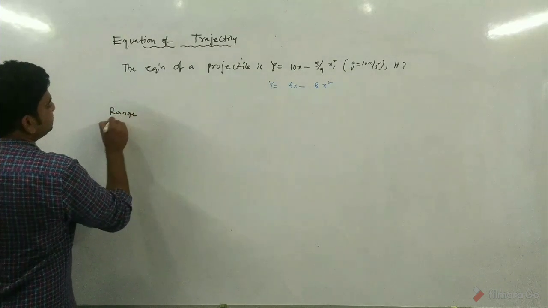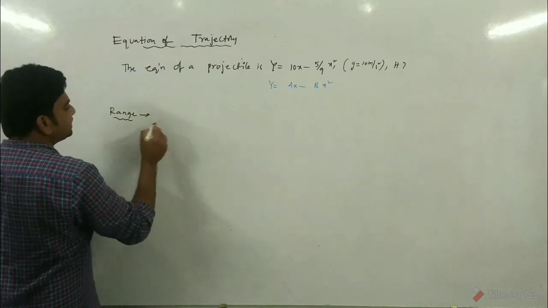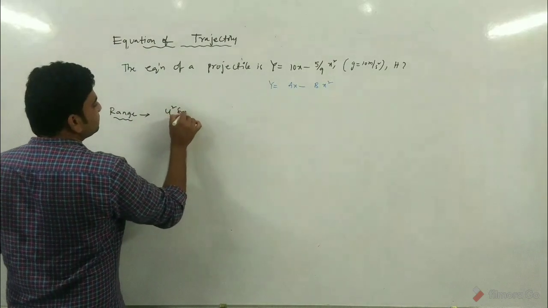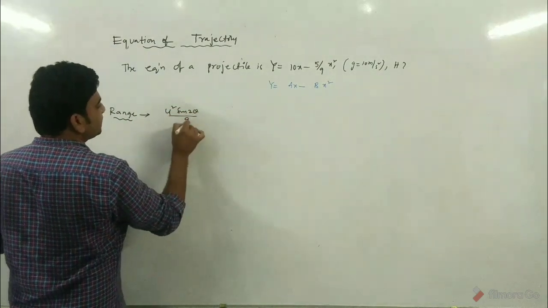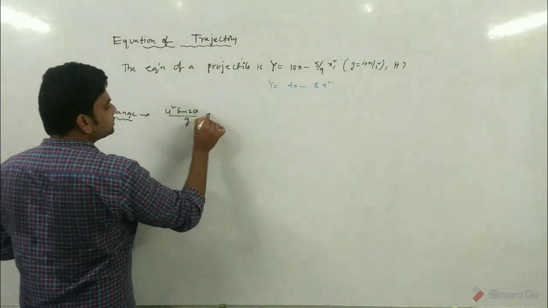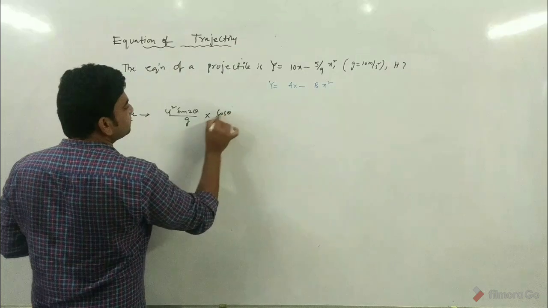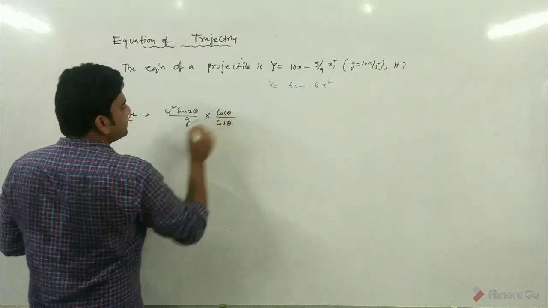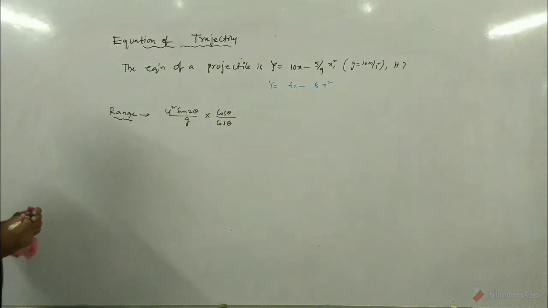Generally the range formula is u square sin 2 theta by g. This is the range formula. Now what I am doing is multiplying both sides with cos theta.